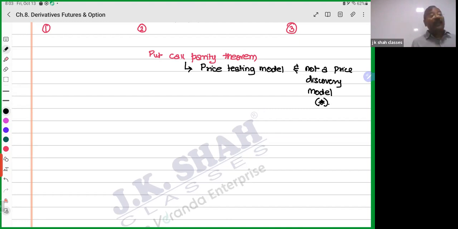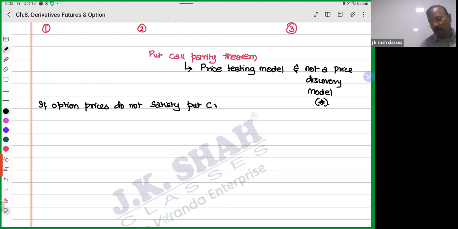Which means if the price does not satisfy the put call parity, arbitrage opportunities exist. That is, if option prices do not satisfy put call parity, arbitrage exists.